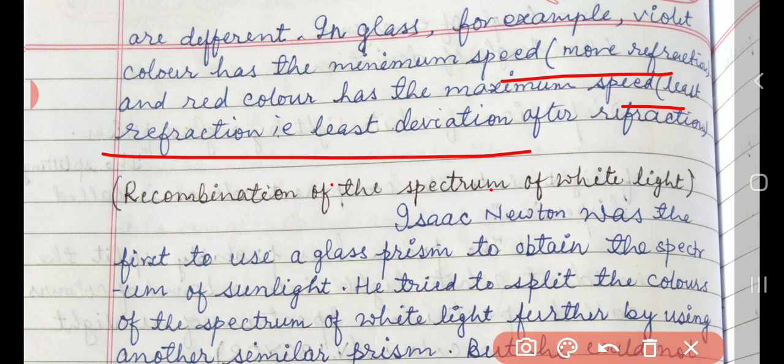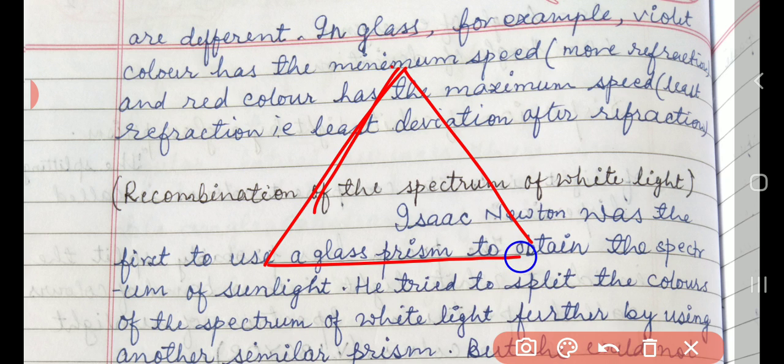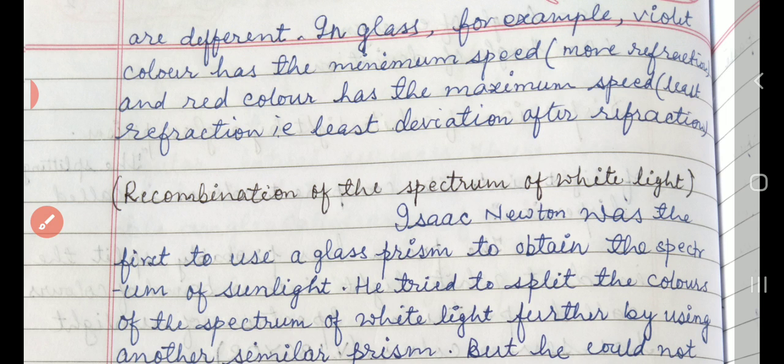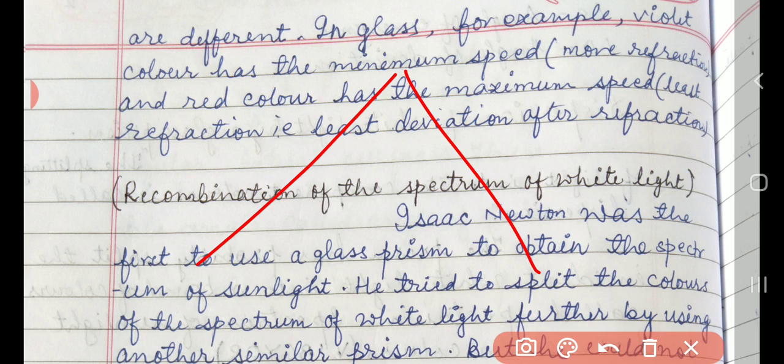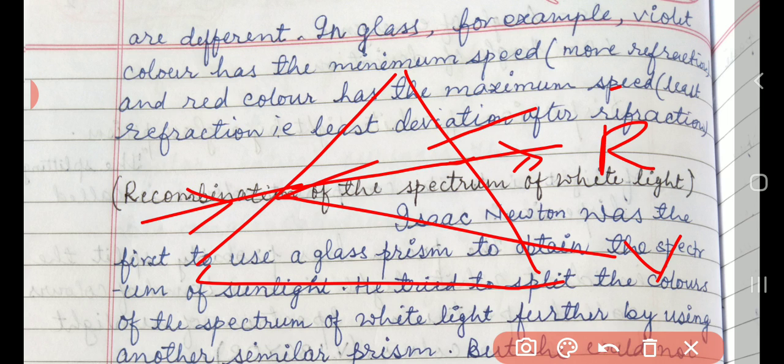Now let us see once again. Suppose this is a prism and this is the white light. It enters and splits into 7 different colors, VIBGYOR. You can say that the one at the base is violet. Suppose it goes from here and breaks into 7 colors. Here this is the violet and this is the red. The wavelength of red color is maximum, that is why its speed will be higher in the glass prism and it is least deviated.